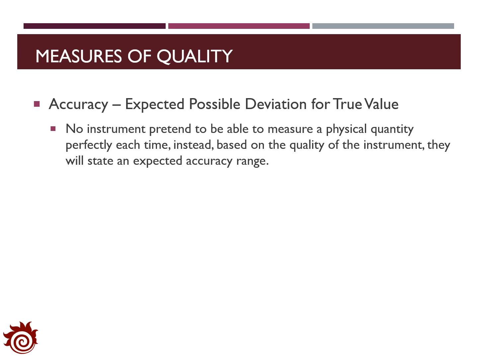In reality, we cannot guarantee that the instrument is able to measure a physical quantity perfectly every time. Instead, we should state that based on the quality of the instrument, there's an expected accuracy range for the measurement. Usually, we will use the plus minus sign with a certain value to represent the possible deviations of the measurement from the true value.